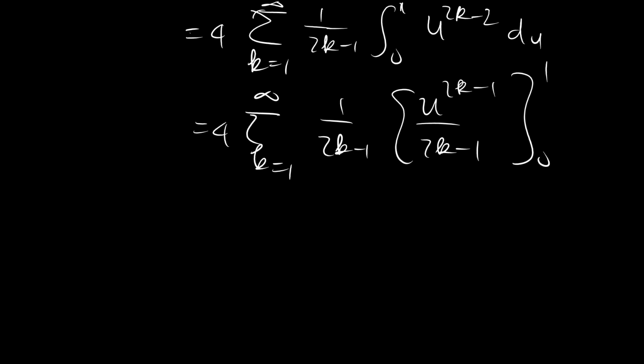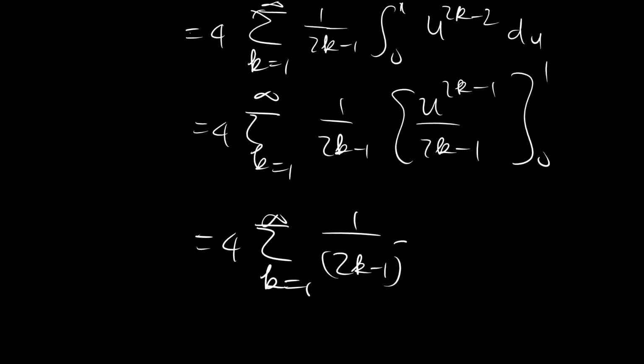Clearly we can see u is 1 at the upper limit and 0 at the lower limit, so we have 4 summation from k equals 1 to infinity of 1 over 2k minus 1 squared.